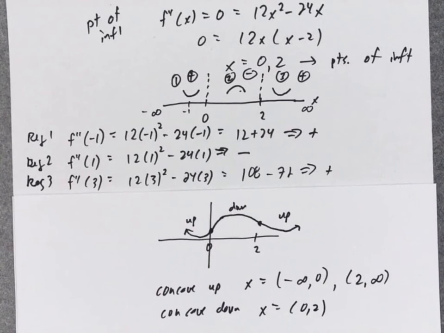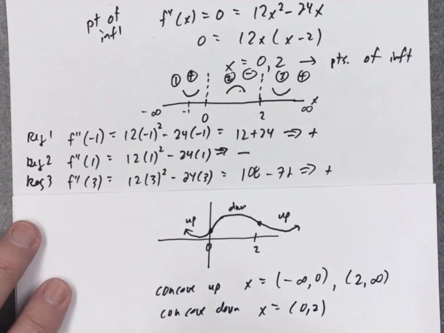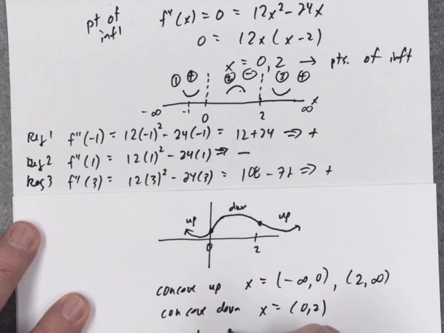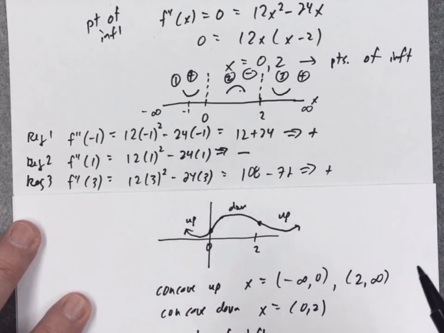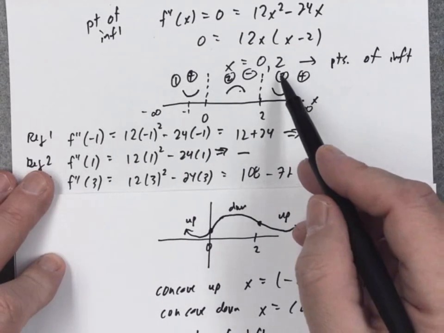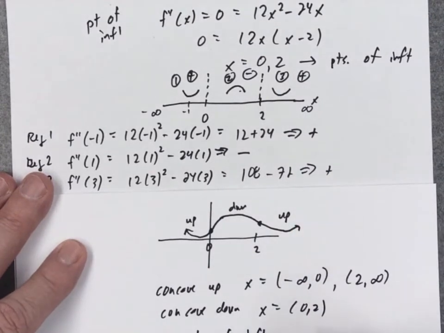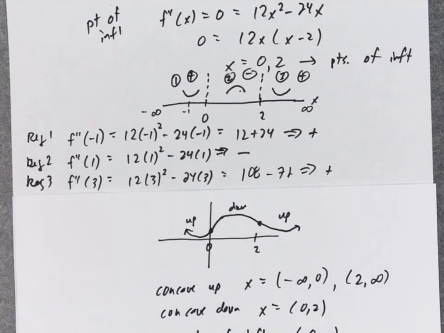Now they asked for the points of inflection, but they asked for the coordinate, the x and the y. So earlier we determined the points of inflection to be 0 and 2. But since they want the coordinate, they want the x and the y, I've got 2 points here. I know the x for one is 0, the x for the other is 2. What's the y?